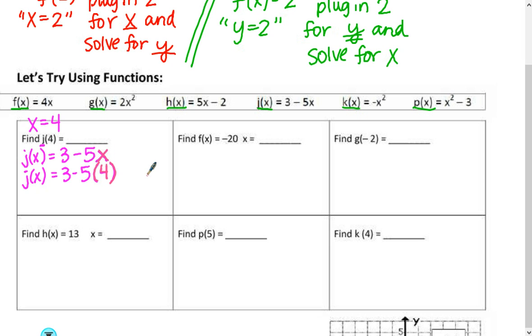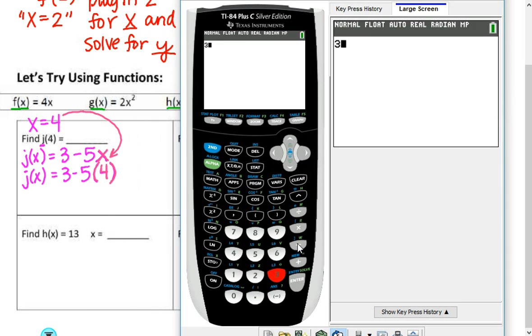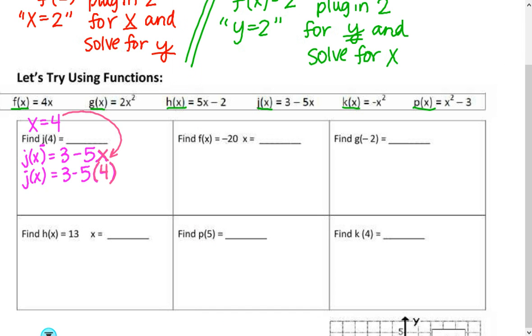So all I did was I plugged in this 4 in place of the x. And then we simplify. You can plug that whole bit into your calculator at one time. 3 minus 5 times 4. And we get negative 17. So j of x equals negative 17. And that would be my answer right here. So again, identify what value they gave you, identify the function they're talking about, plug in, and solve.